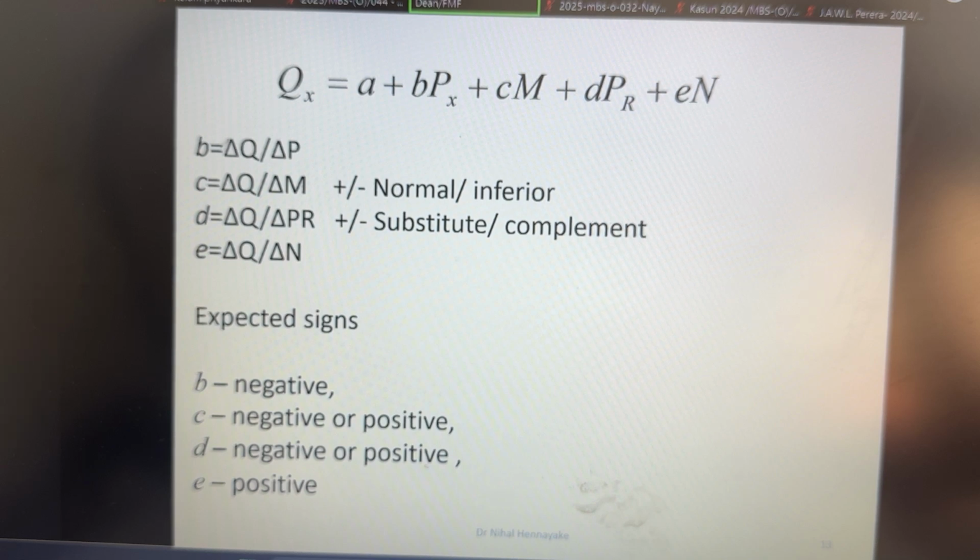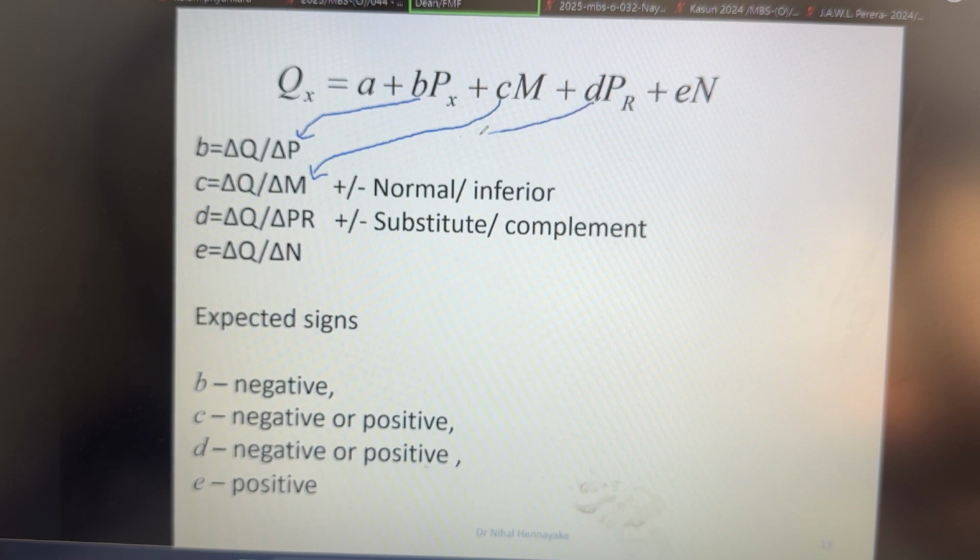For the value of B, this is the way: delta Q divided by delta P. Delta Q means change in quantity divided by change in price. It's similar for all these parameters. Parameter C is delta Q divided by delta M. M is for income.